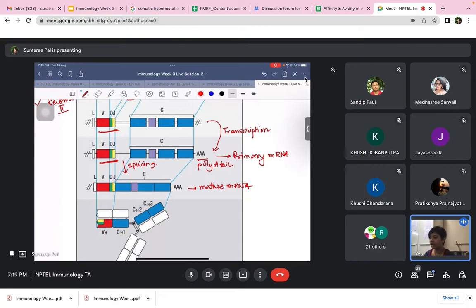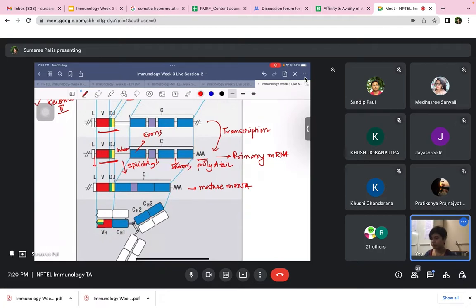And in here you can see these are the intron regions. Here also there is one intron region, and the intron regions are in between the constant regions. So these are all the exons, right? And the introns are deleted in this splicing event.